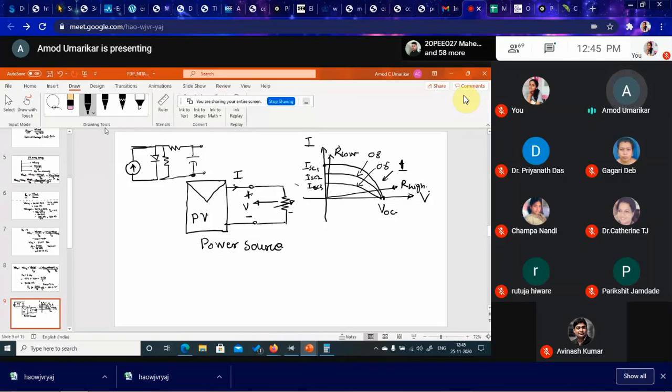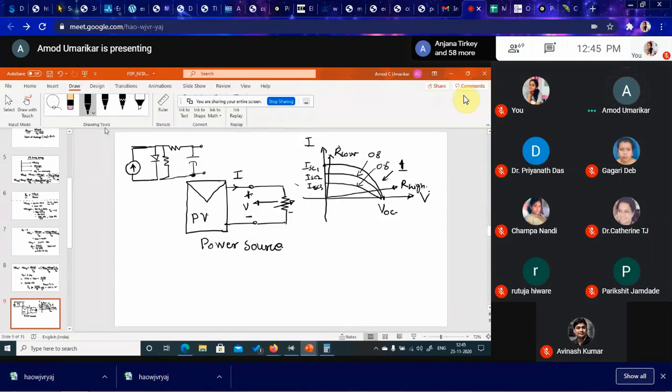For different variations in solar radiation we get different currents, but the shape of the curve is very similar.